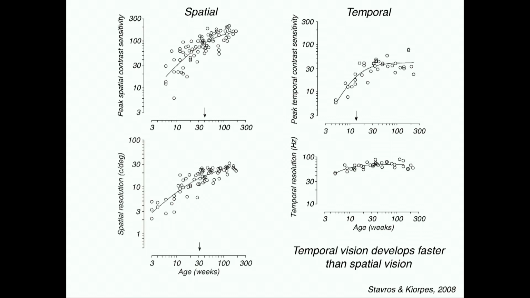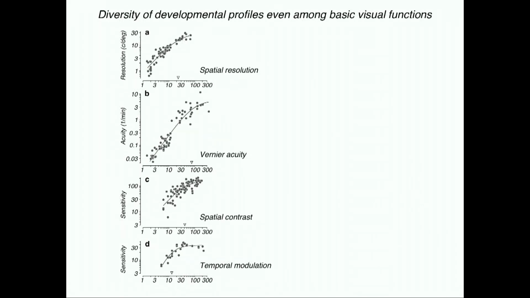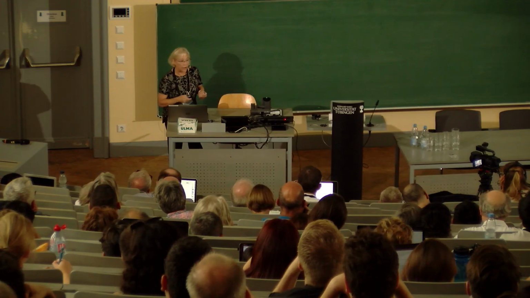What that means is that if you look at even different basic visual functions, here now I've compiled 4 different ones. You've already seen spatial contrast and resolution and temporal modulation sensitivity. I've added vernier acuity, which is a spatial positional sensitivity. And you can see that even in that case, there's a different developmental profile.